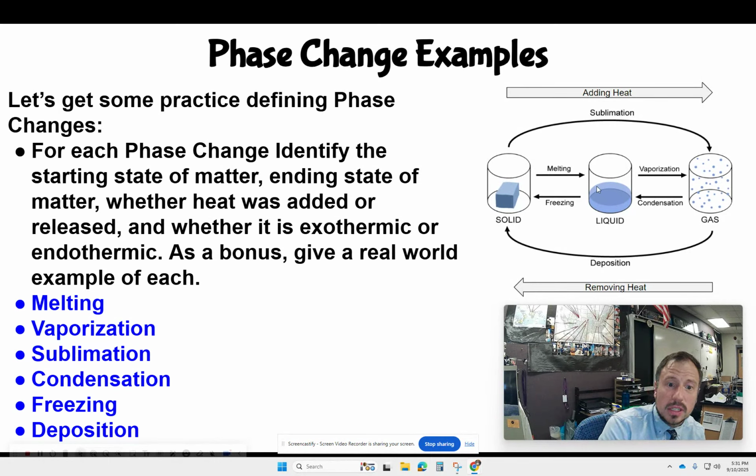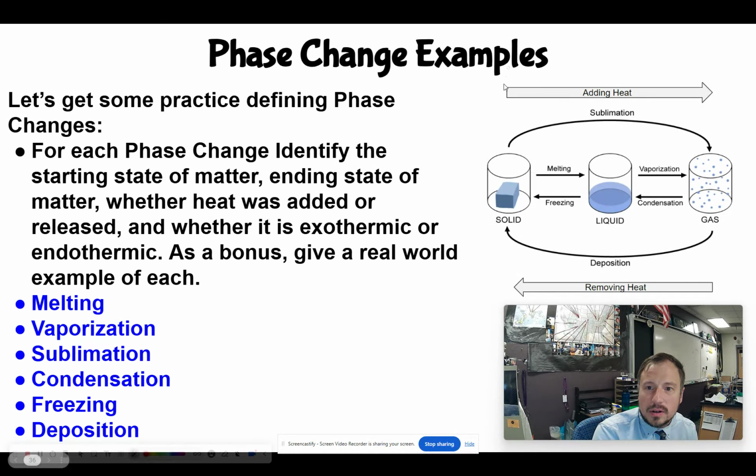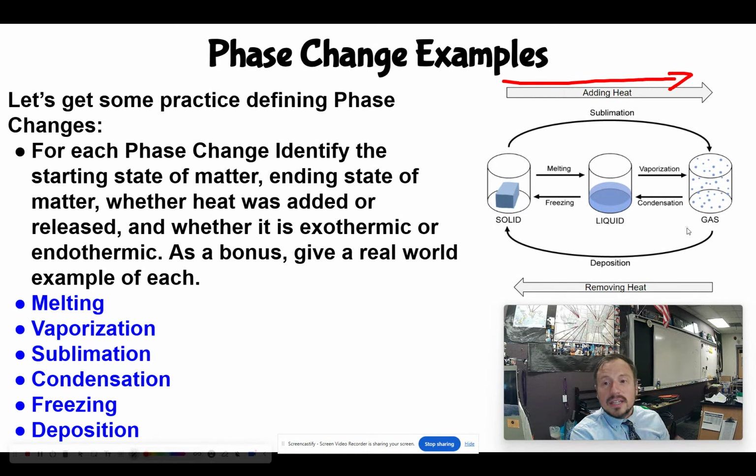Now, the next one says whether heat was added. The arrows tell you that. If you look at the top one, adding heat, so heat is being added. If you look up at the top, this arrow right here, if you're moving in this direction on the phase diagram, it is going to be endothermic because heat is entering that object.